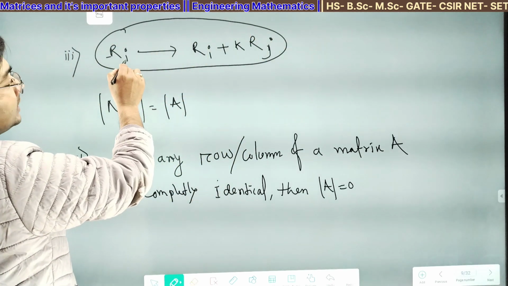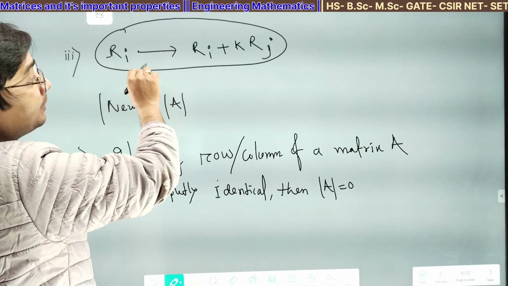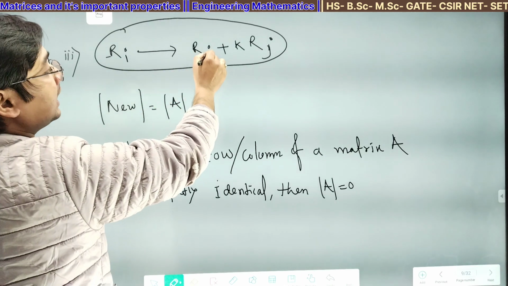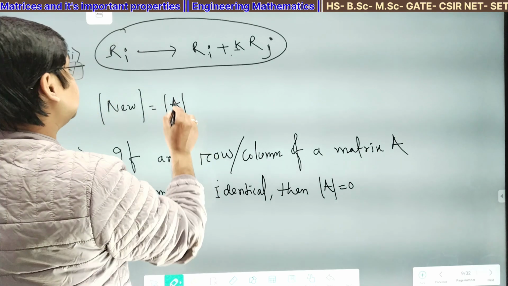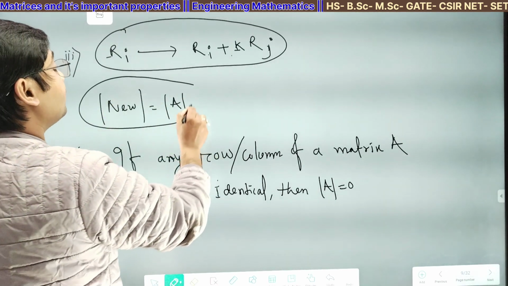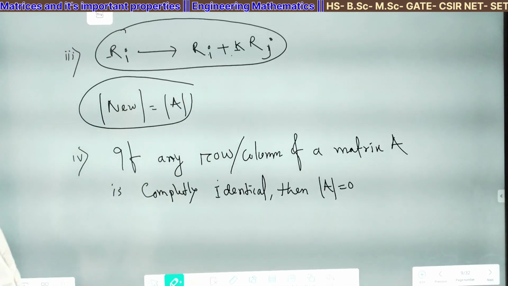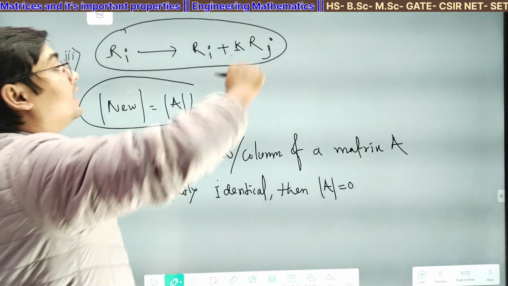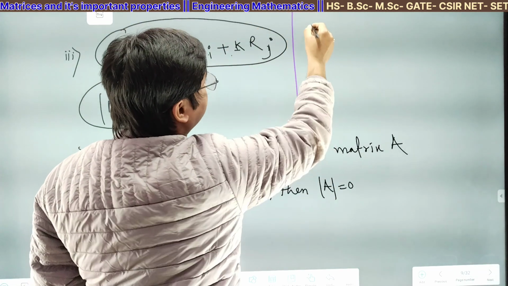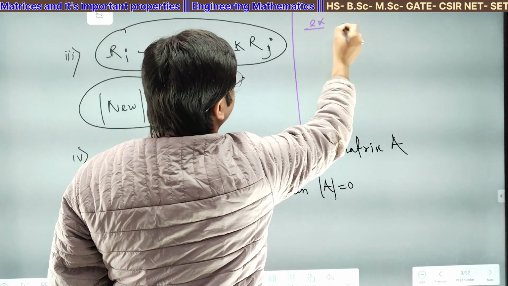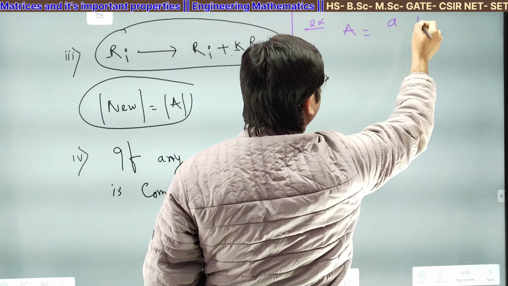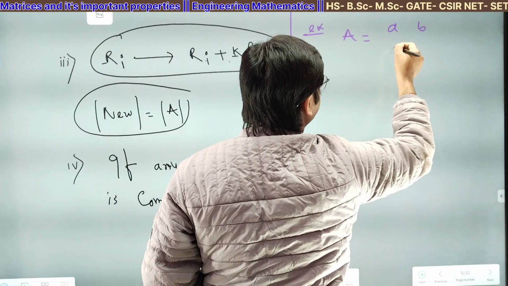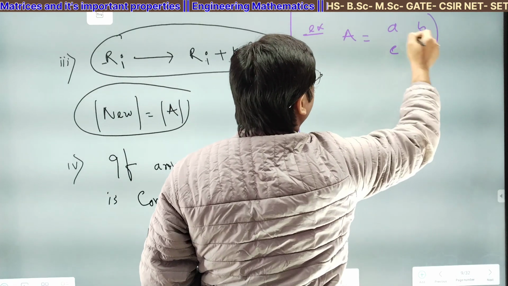If we use this one, that means Ri we replace by Ri plus K of Rj, then the determinant of the new matrix is equal to the original matrix. Here I will take an example. Suppose our A matrix is A B C D. Yes, this is our matrix.